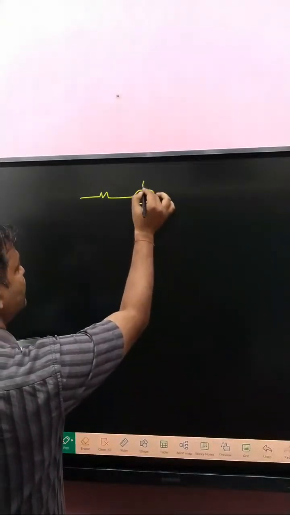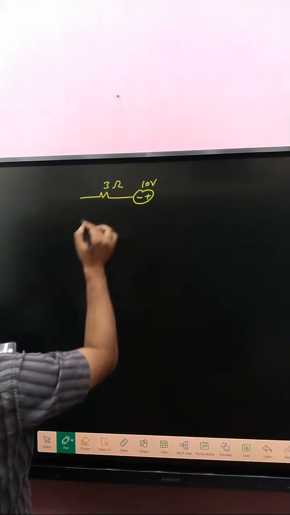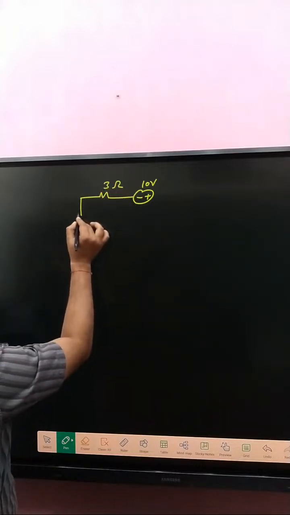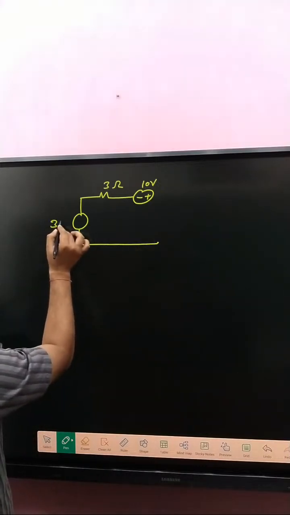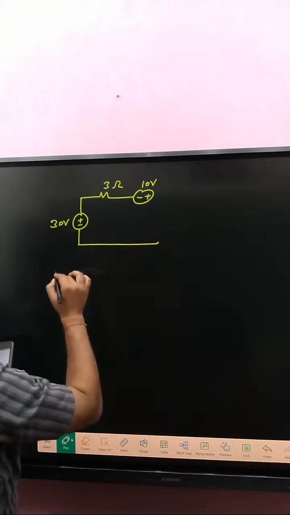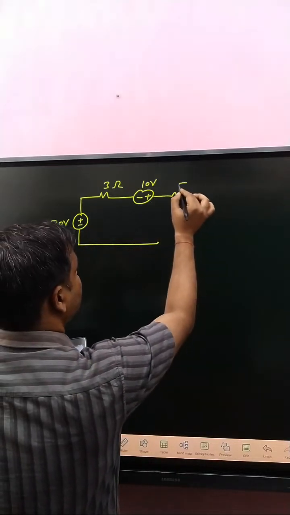Minus plus, that is 10 volt. And that one is 3 ohm. Here plus minus, that is 30 volt. Okay? And that one is 5 ohm.